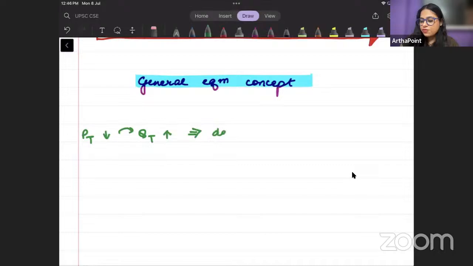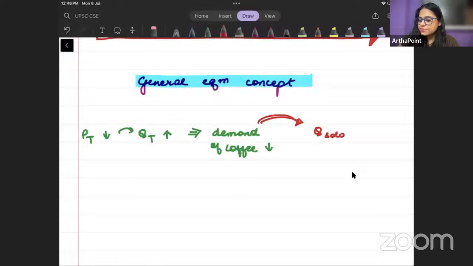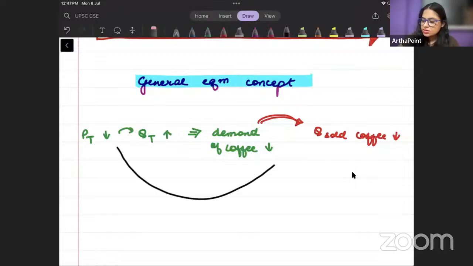This means that the coffee market will be affected and demand of coffee will decrease, right? Now, ma'am, if demand of coffee will decrease, the suppliers will understand that nobody is demanding coffee. So the quantity sold of coffee will decrease, right? So the tea market is affecting the coffee market. This is called the spillover effect.